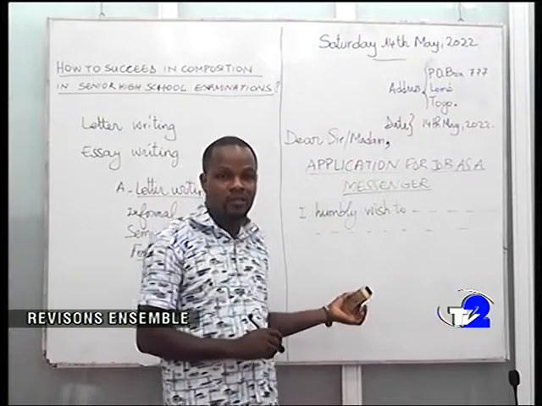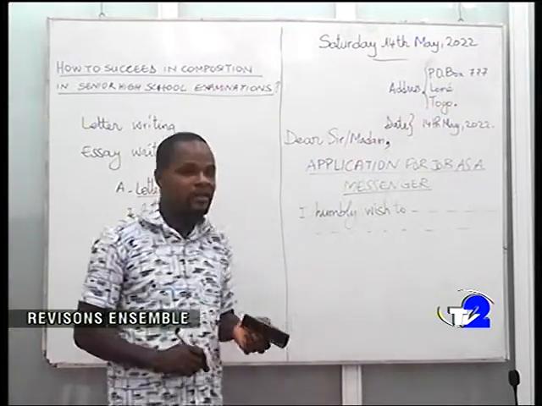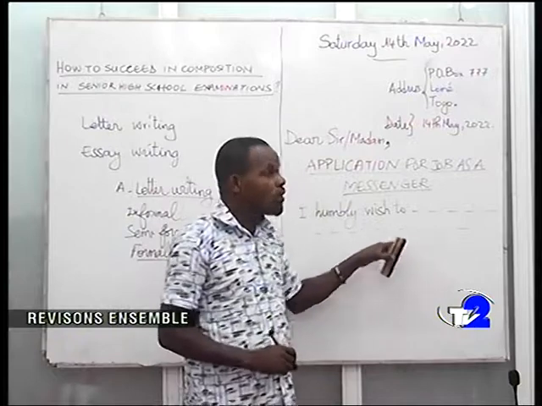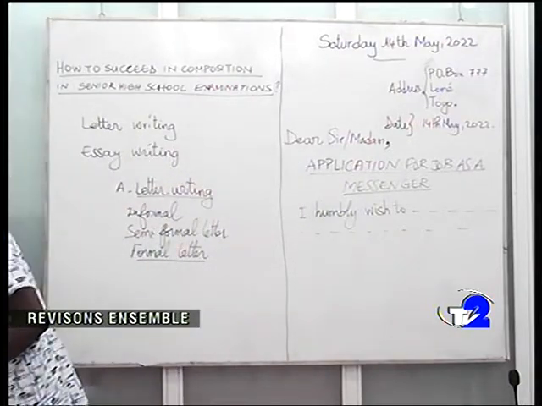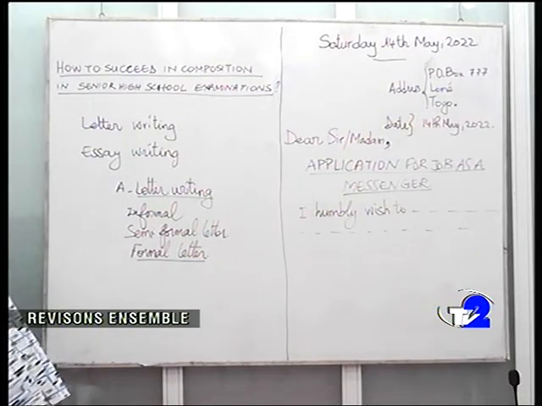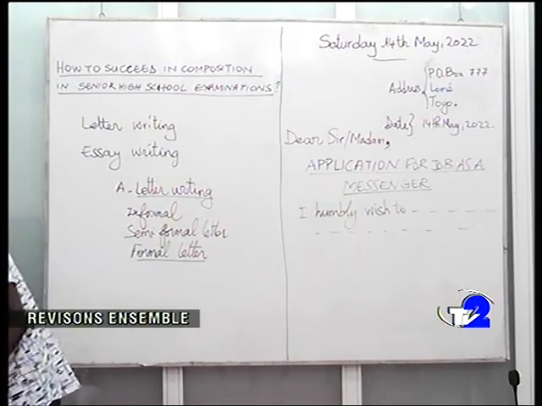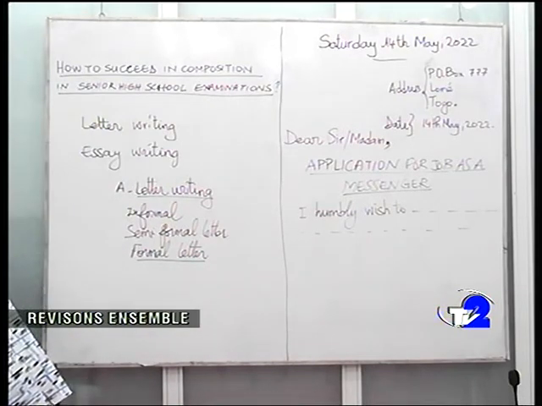Now, when you are in your body, you have to be explicit. I mean, you have to mention the main things the reader is supposed to know about. You have to write it in your letter.